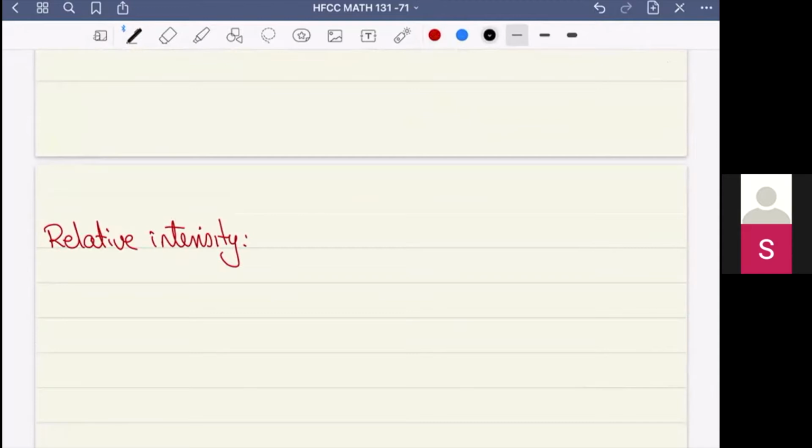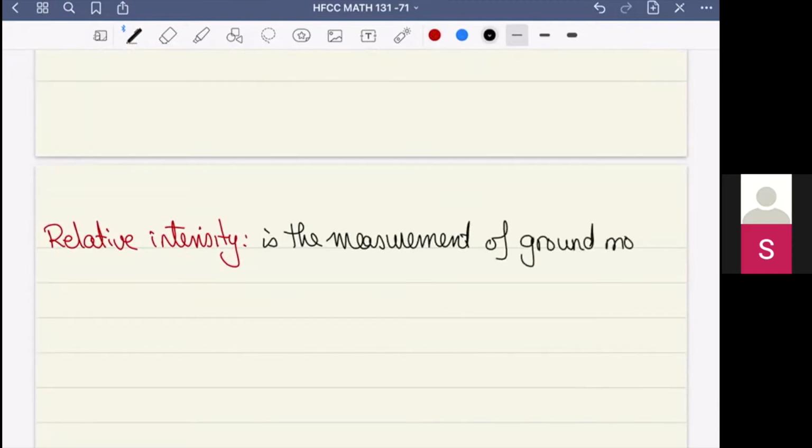So when we hear about the earthquake, we hear about the ground movement. So the relative intensity is the measurement of the ground movement.